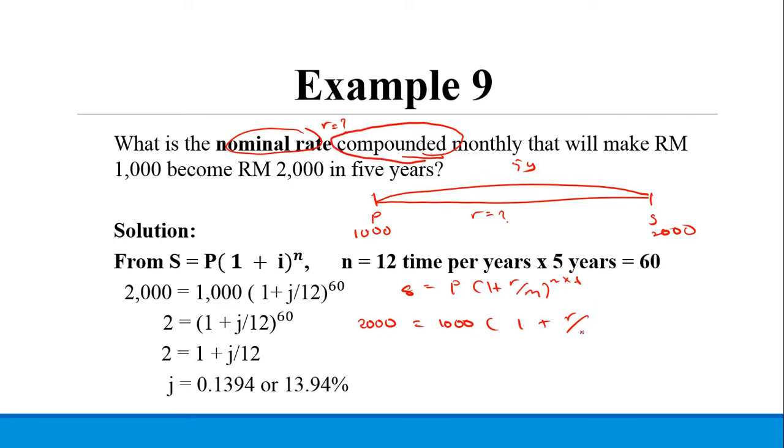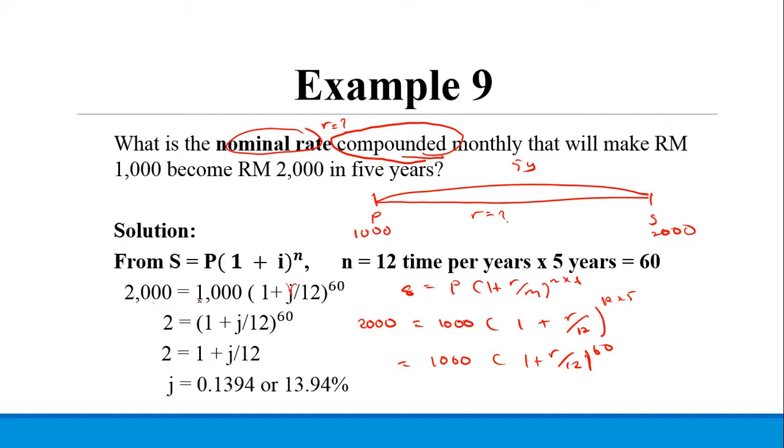Compounded monthly, so monthly is 12, one year has 12, 12 multiplied by 5 is 60. So 2000 equals 1000(1 + R divided by 12)^60.